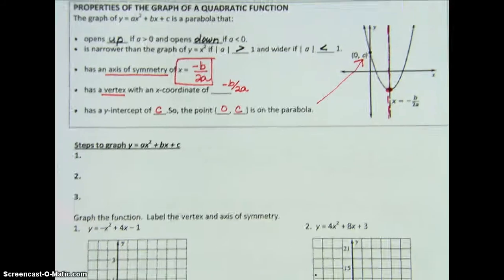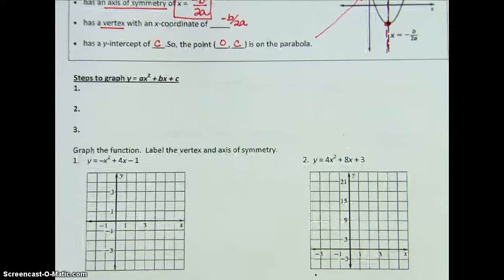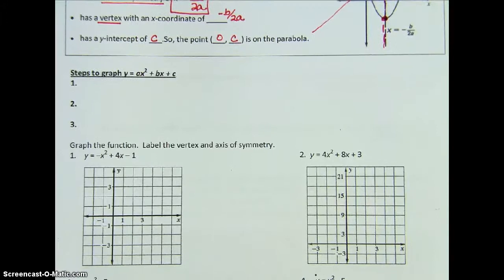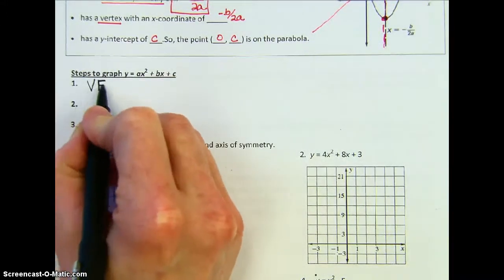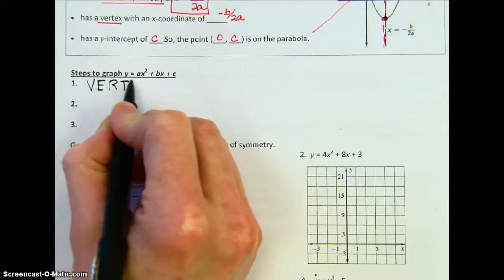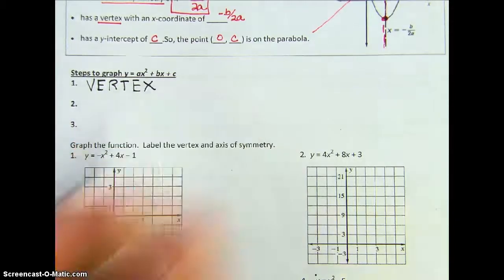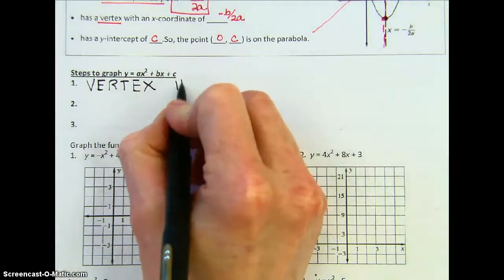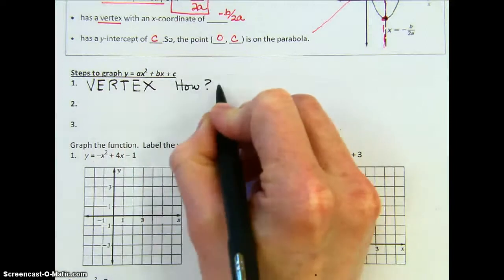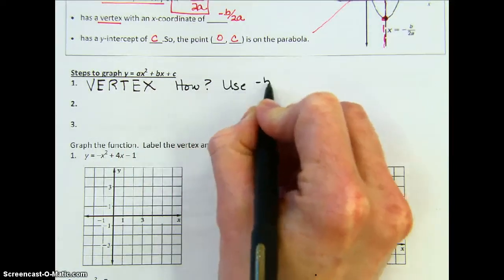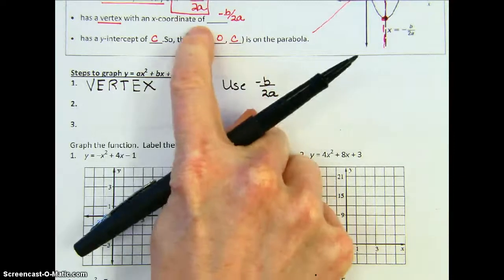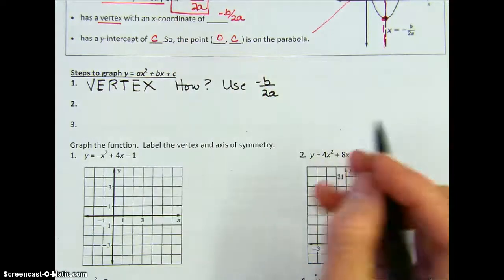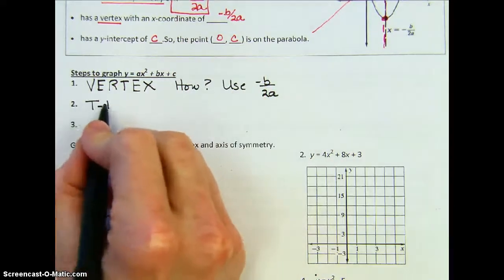So today we're just going to look at the steps to graph these, and there are 3 steps. The first thing you're going to do is find the vertex. That is the most important task. So how do you find the vertex? Well, you're going to use negative b over 2a, and remember, that gives you your x-coordinate. The second step will be a t-table.